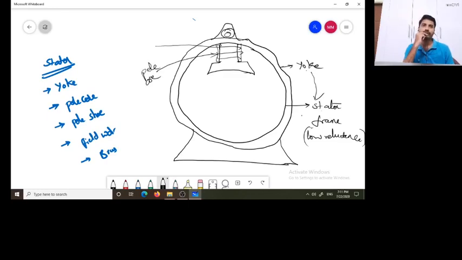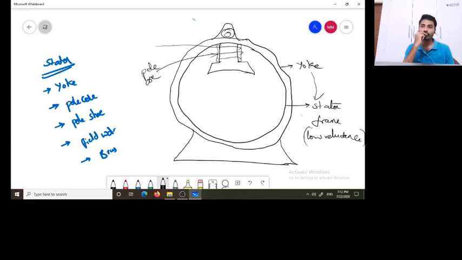So what is the use of this pole core? Now you have understood what a pole core is, which supports the field winding. That means upon the pole core only we are winding the winding.